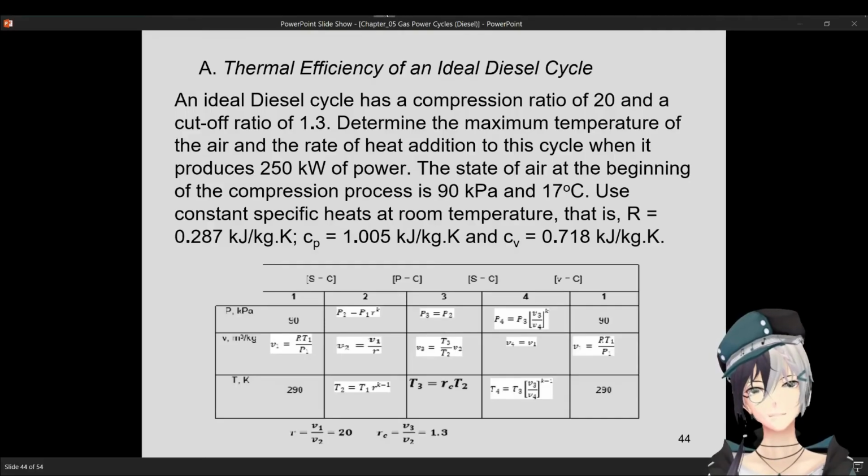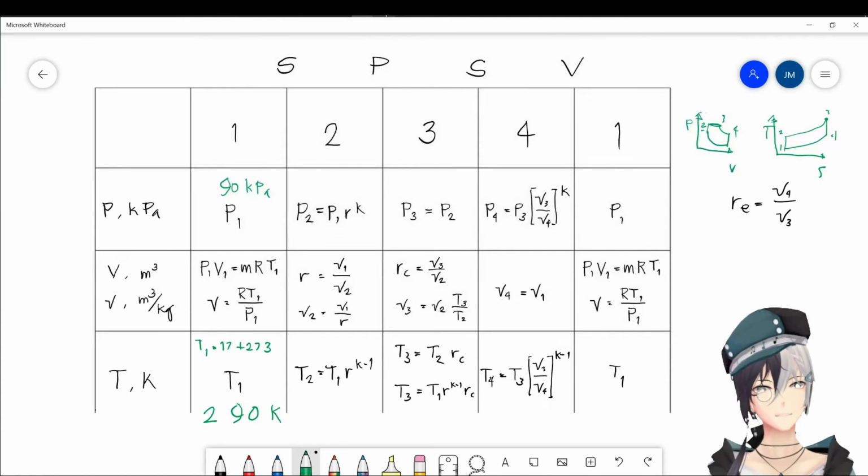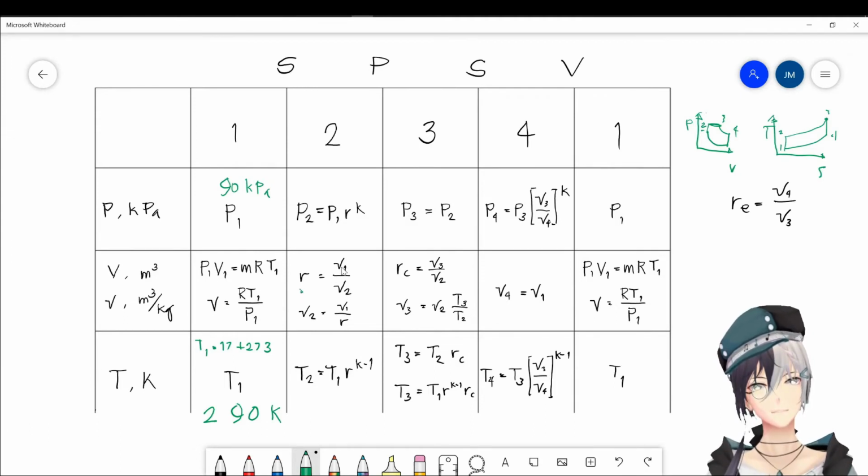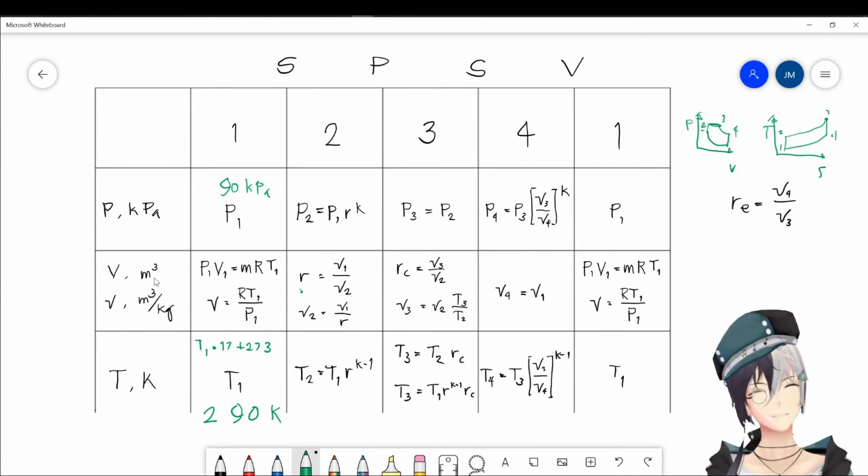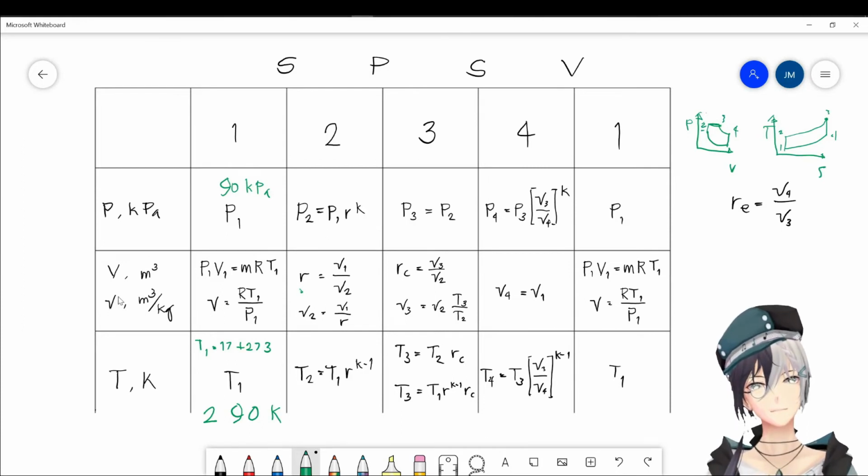Let's go back to the compression ratio. This is r, 20, and r is volume 1 over volume 2, or specific volume 1 over specific volume 2. That's why in this one, I have volume expressed in cubic meter or specific volume.